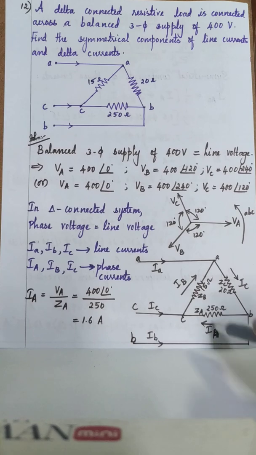Now I capital A, I capital B and I capital C are the phase currents.